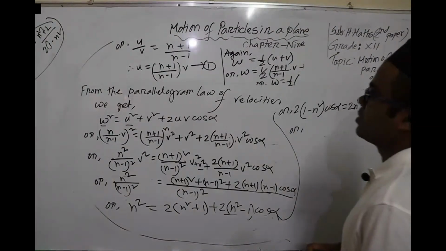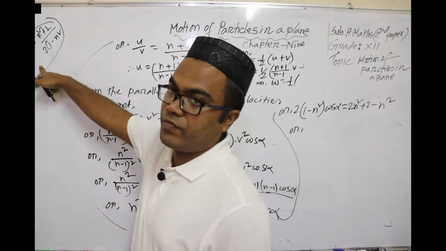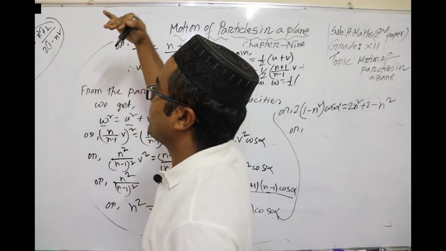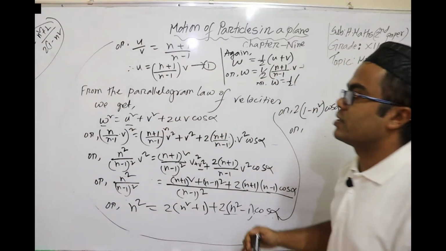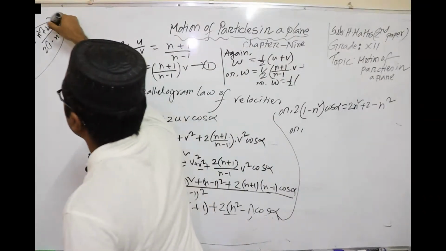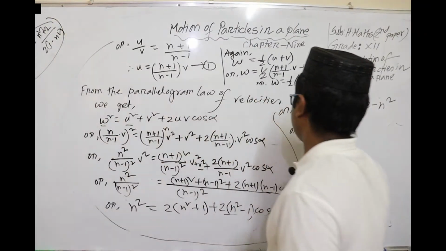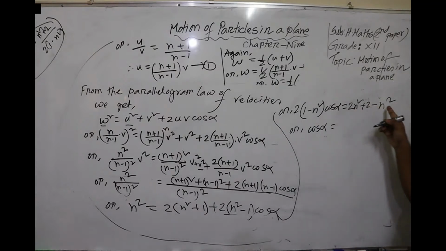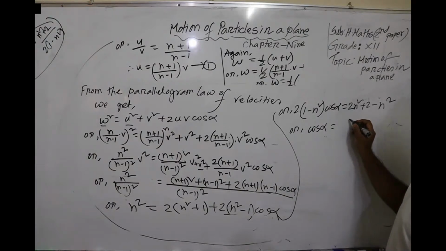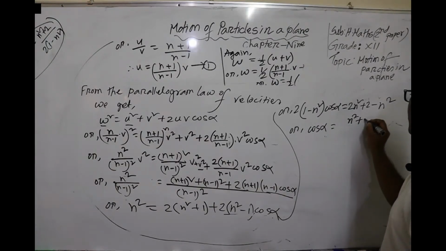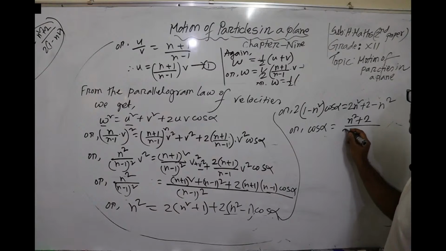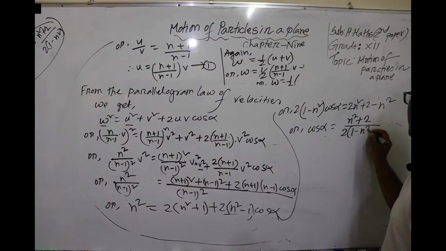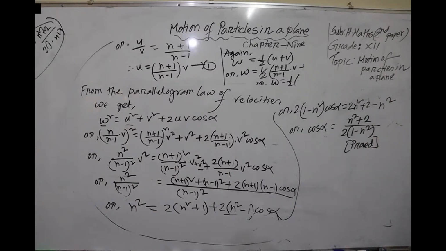We need to prove that cos alpha equal to (n square plus 2) divided by 2 into (1 minus n square). So I want to finish this one. So cos alpha equal, see, here 2n square minus n square, so only n square remaining. So we can write (n square plus 2) divided by 2 into (1 minus n square). So this is the required result. Proved.